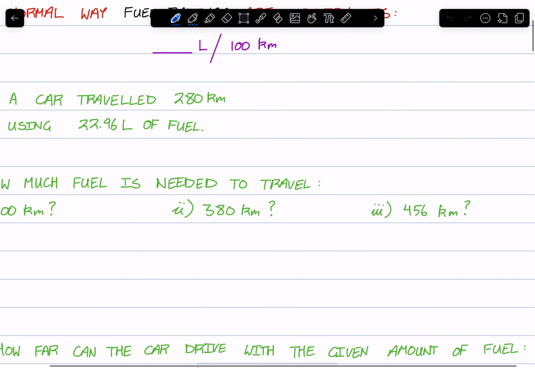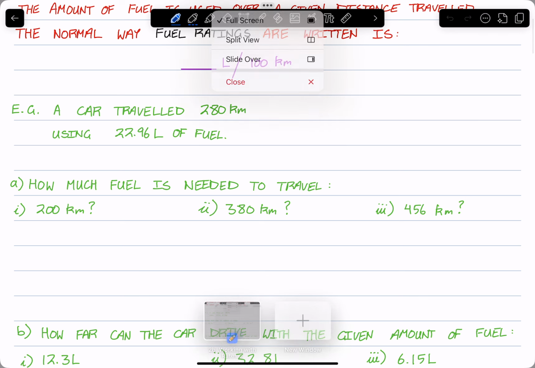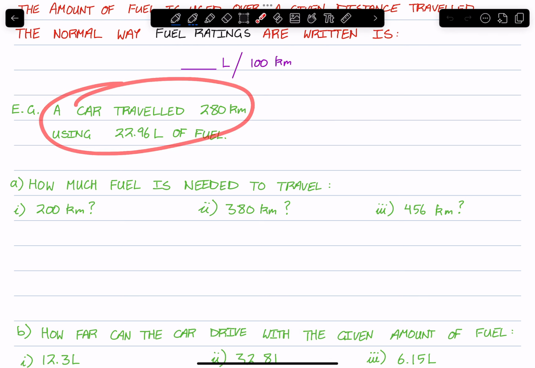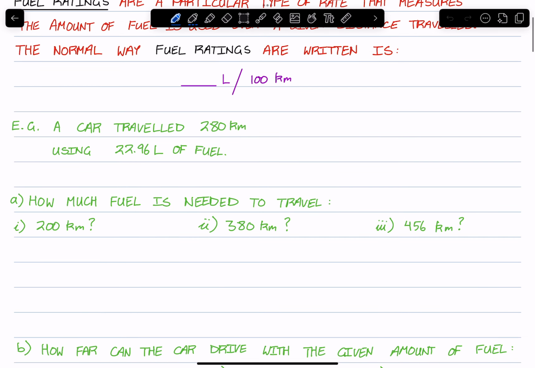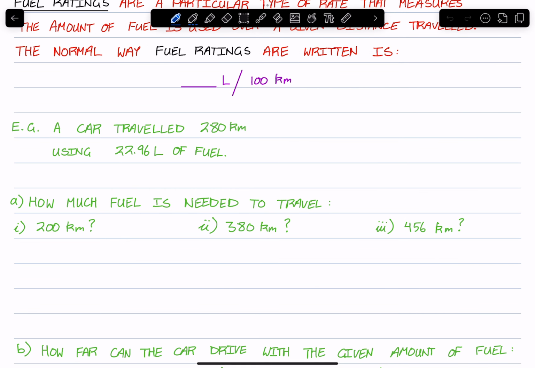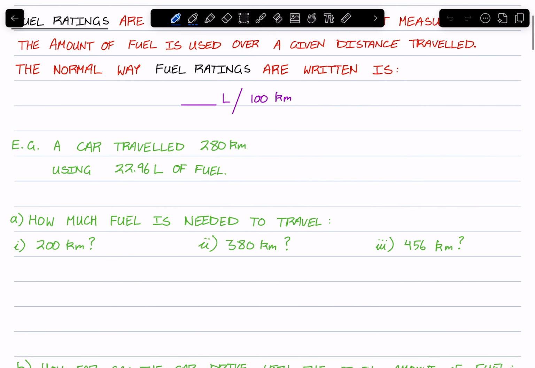So for this particular question, we take a look at the information given. 22.6 liters, 280 kilometers. So if we were to arrange this like we would for the required rates, we would write this as 22.96 liters per 280 kilometers.